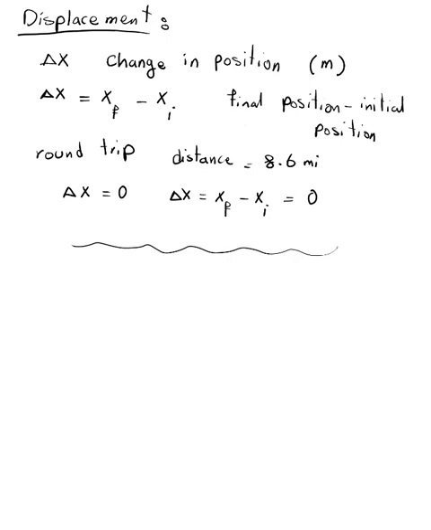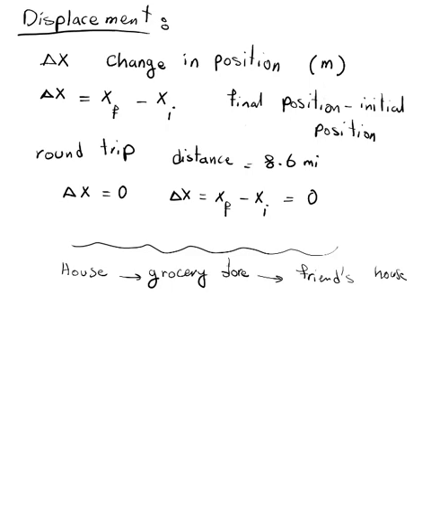Let me make an example here for you. For example, suppose you go from your house to the grocery store. So you want to go from your house to the grocery store and then to your friend's house. So you go to your friend's and have a stop there. Okay, now let's find what is the trip distance here and what is the displacement here.